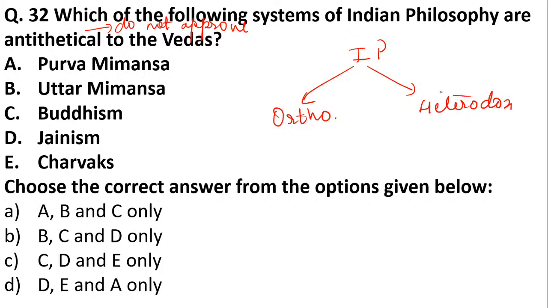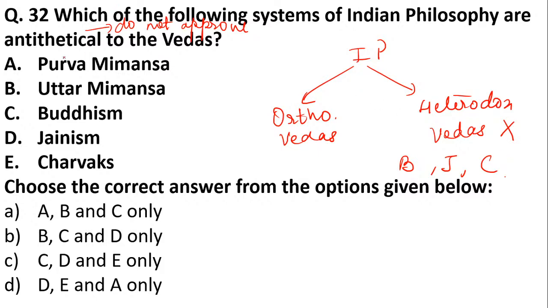Orthodox are those schools which believe in Vedas, and heterodox are those which do not believe in Vedas. So here the schools that do not believe in Vedas are Buddhism, Jainism and Charvak. So your answer is C, D and E.